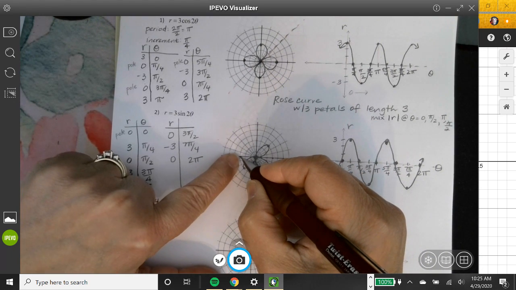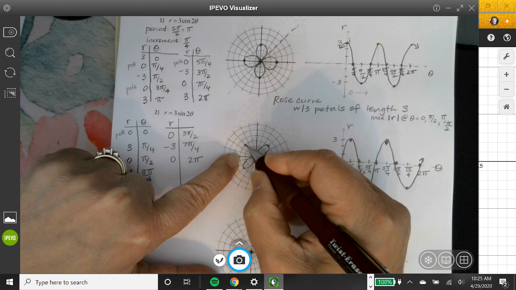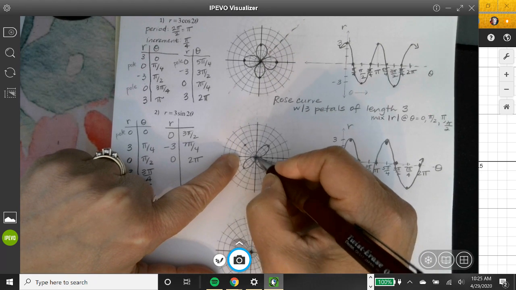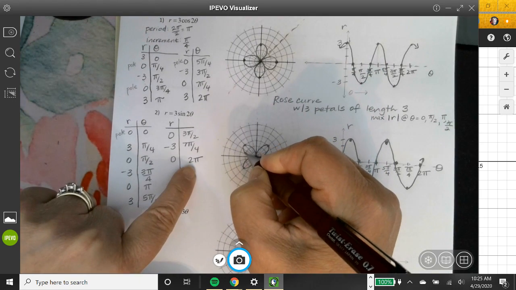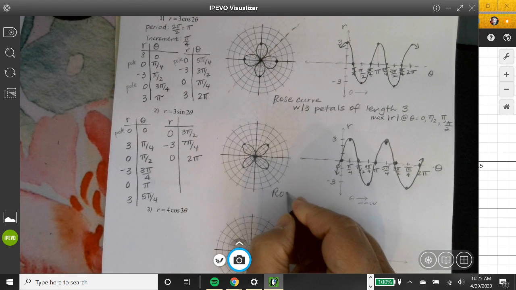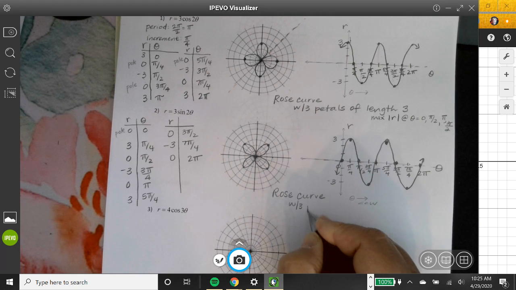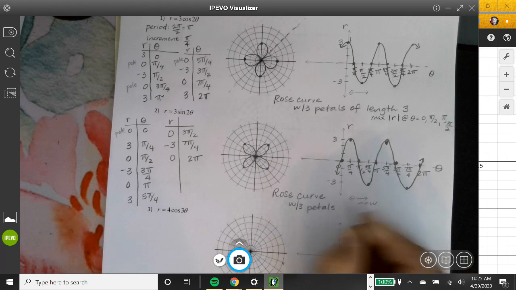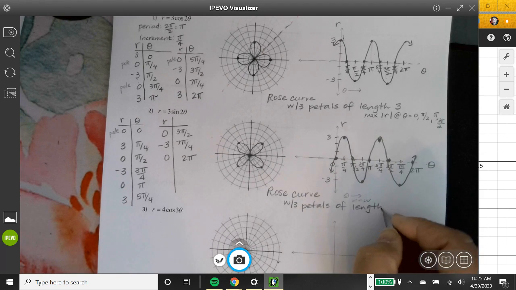And 7 pi over 4 is all the way back around in here. So I'm going to pass through the pole from here, hit this point, and then head home back to the pole. And there is my rose curve with 4 petals of length 3.